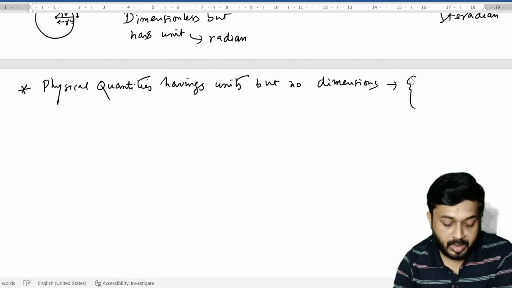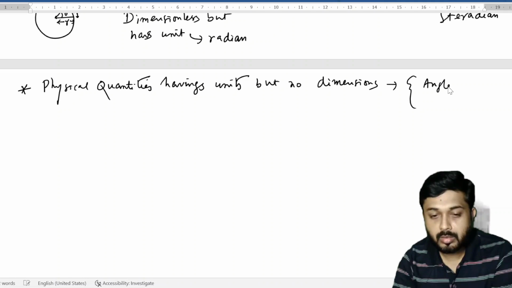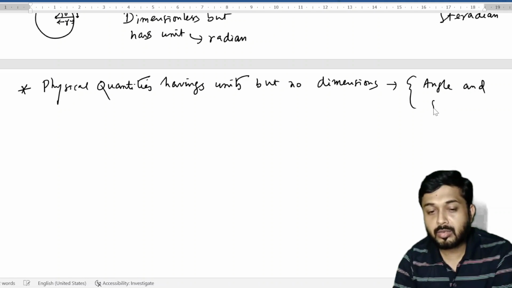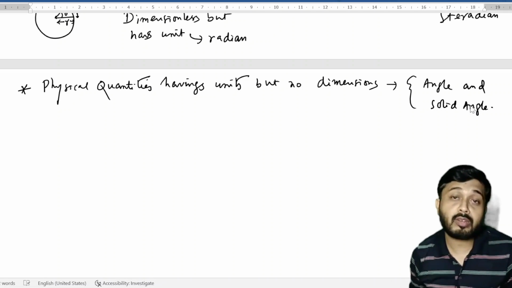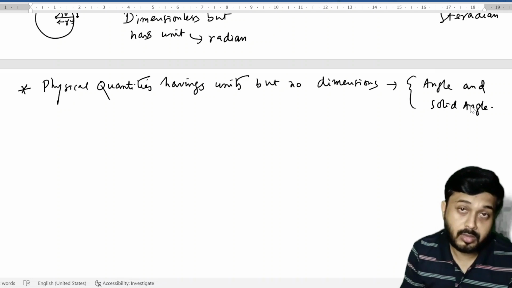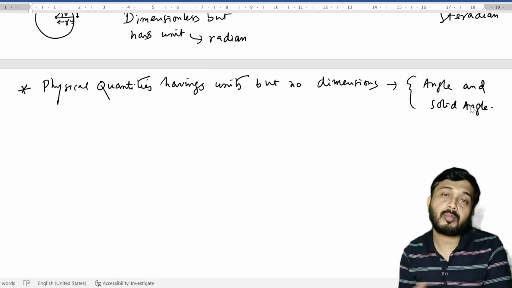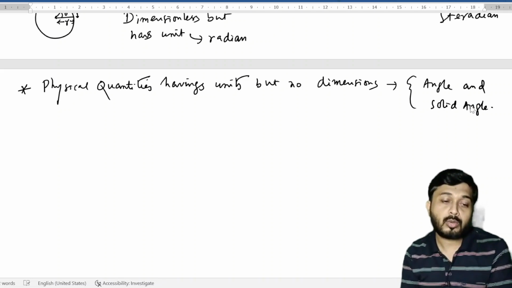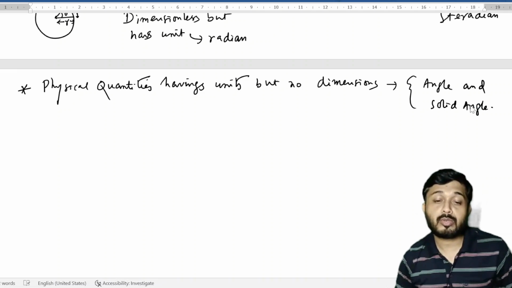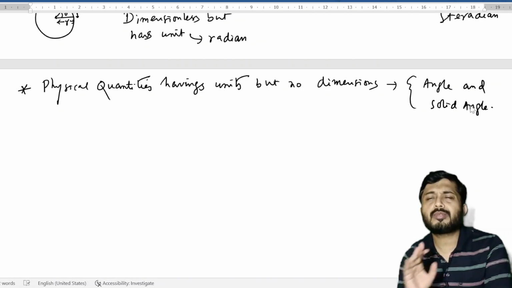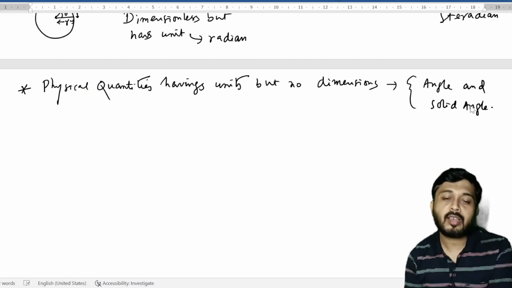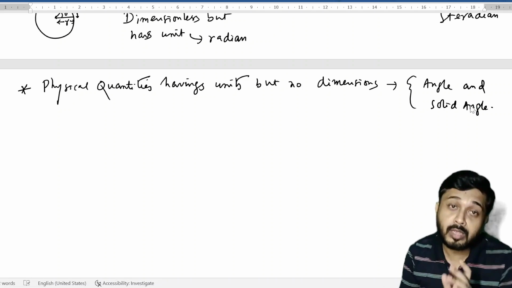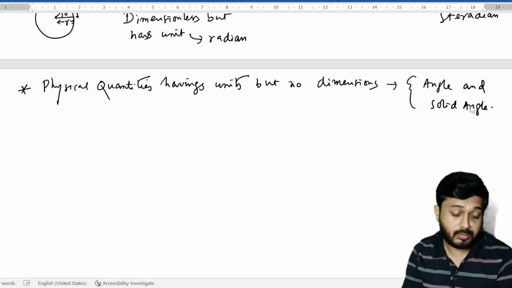Examples are angle and solid angle. Okay, so these two are really exceptions. Such physical quantities may be asked in your examination or in some competitive examinations as well. So in that case you have to write these two examples, angle and solid angle. These are physical quantities which have no dimensions but have units, right? The units are radian and steradian.